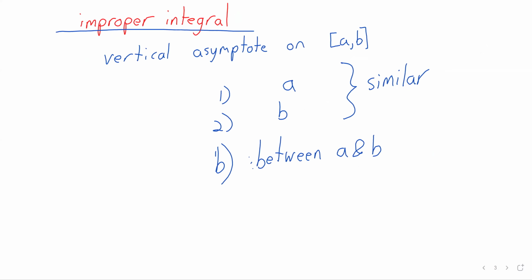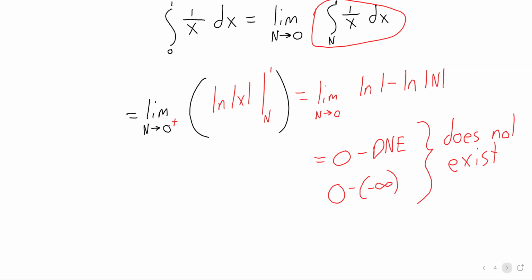You can probably imagine, I mean, here the vertical asymptote was there at the beginning at A. You can probably imagine that if it's at B, nothing is going to change in any very significant way.